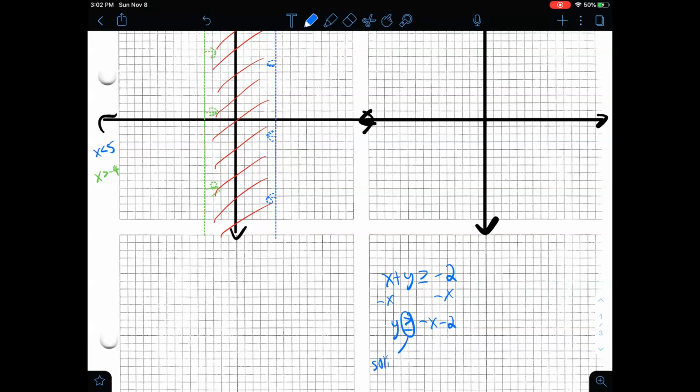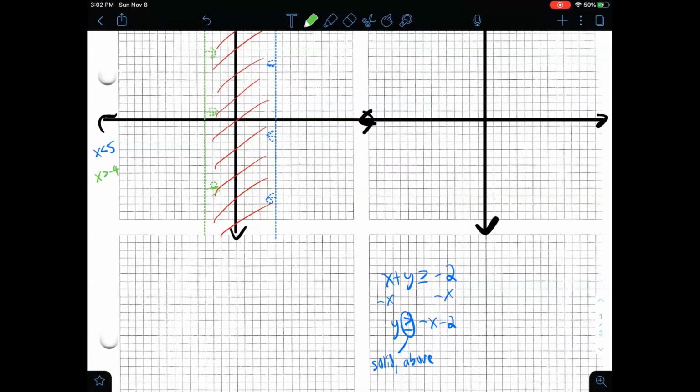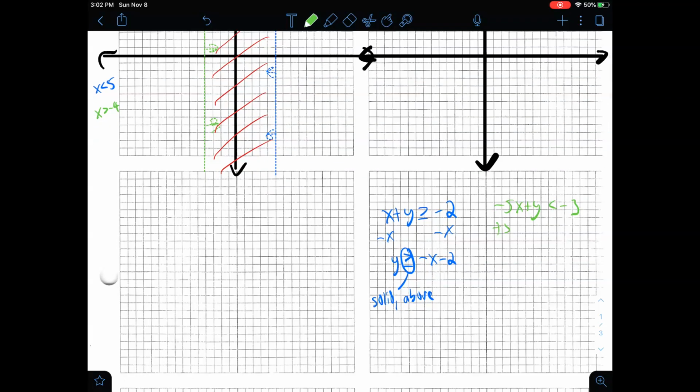So if we solve that, it's going to be solid because it's an equal to, and it's above. And if we do this one over here, we have negative 5x plus y is less than negative 3. So solving for y here, we're going to add 5x.